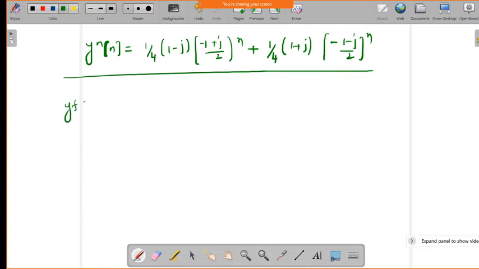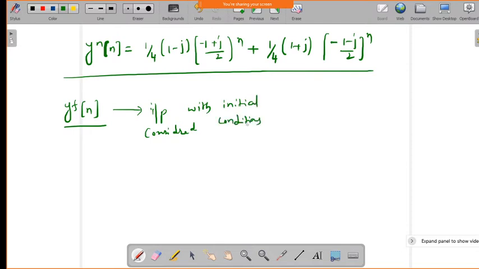So when only the input is considered, what is the output of the system, with initial conditions taken as 0.